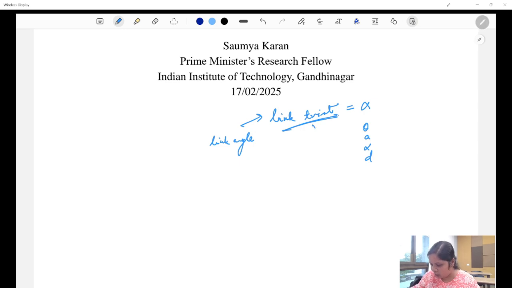It is not close to joint angle. Link angle is the angle you get between the links along the z axis. So I think it should be alpha and not theta.